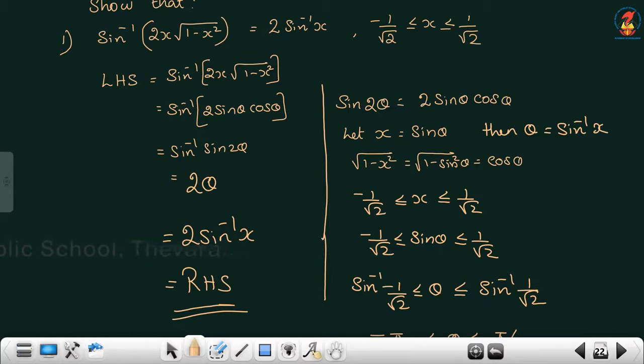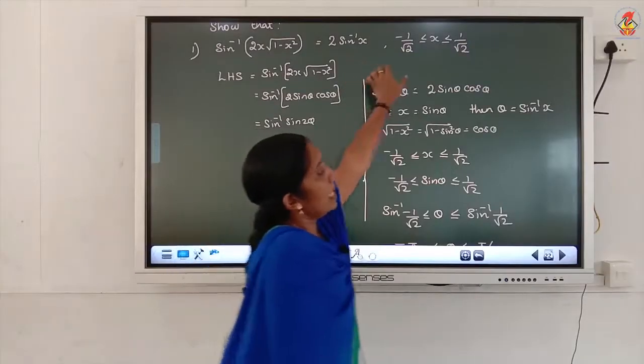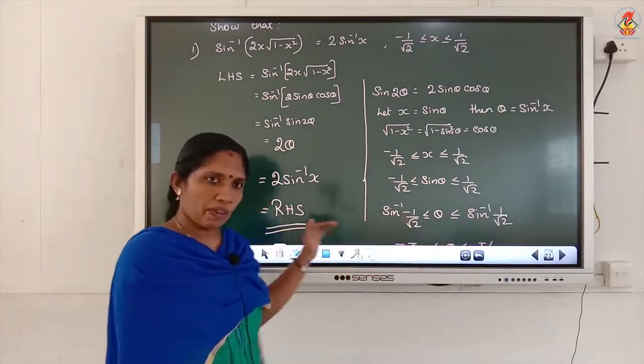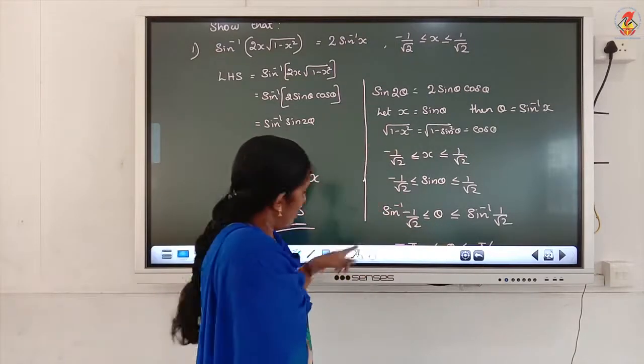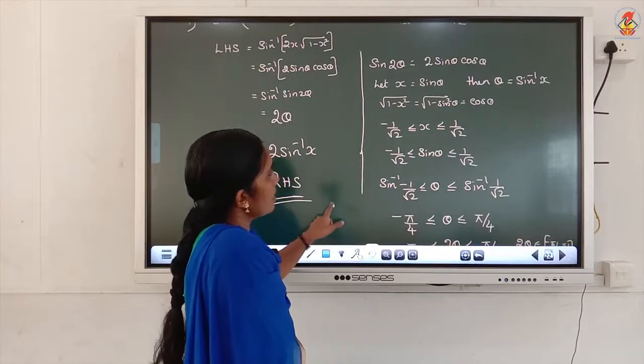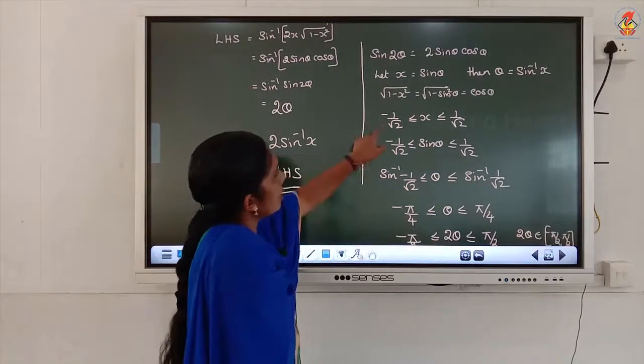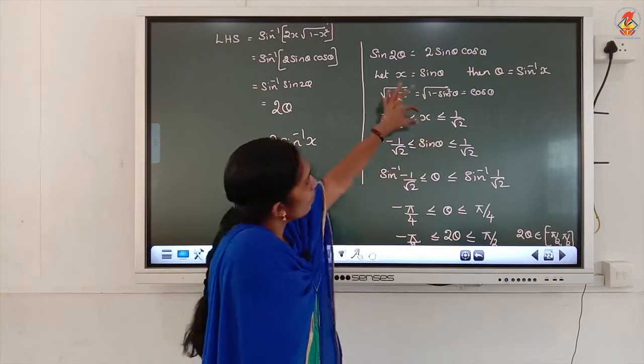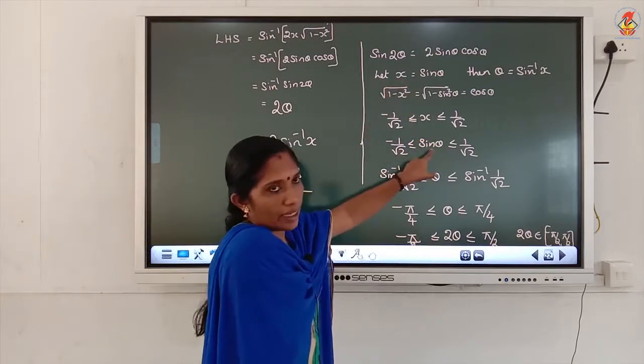So we have to check. Here the x value is given, so we can check it already. If this value is given, this 2 theta is definitely in that range. But we can check, this is a method. So first I write minus 1 by root 2 less than or equal to x less than or equal to 1 by root 2. Then x as sine theta.